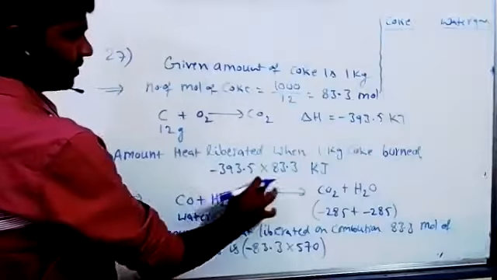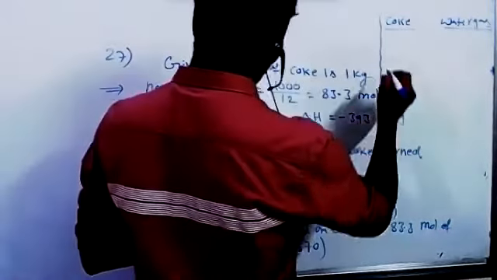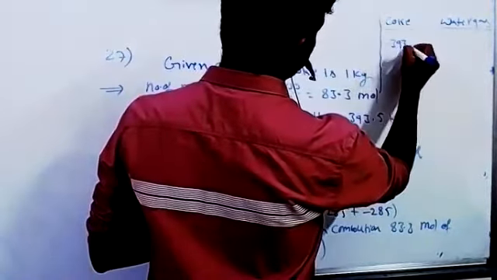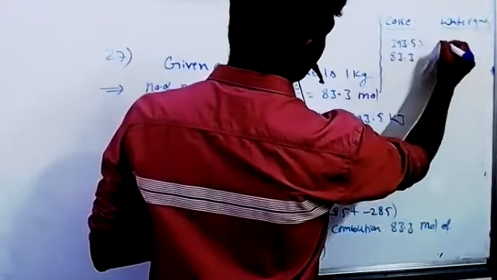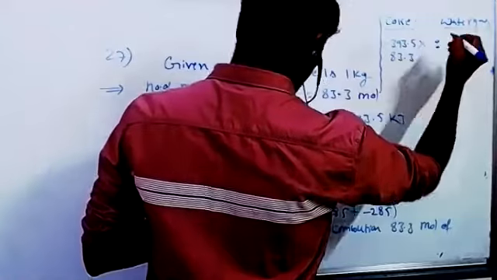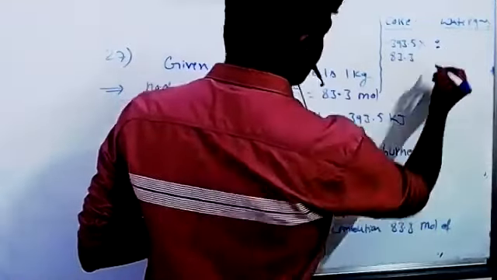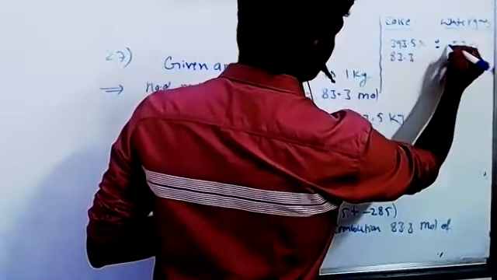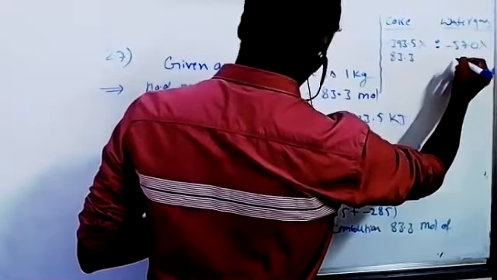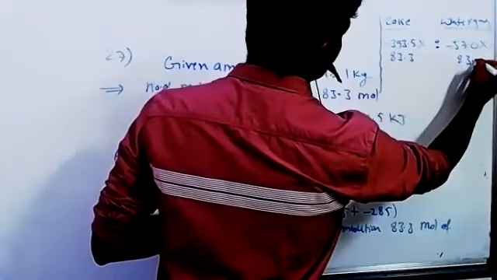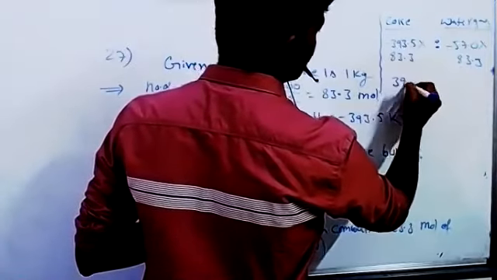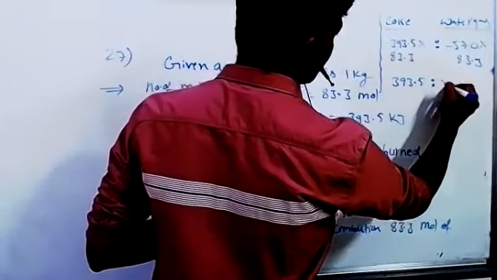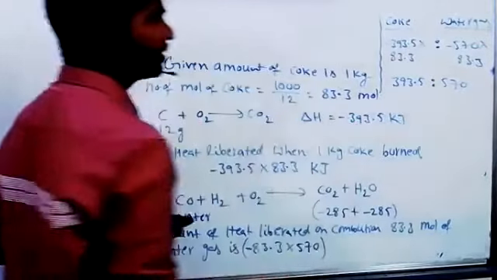Coke on burning gives minus 393.5 into 83.3. Here, 570 with the minus sign also into 83.3. So 83.3 and 83.3 cancel, the minus signs also cancel. 393.5 is to 570. So calculate the ratio of this.